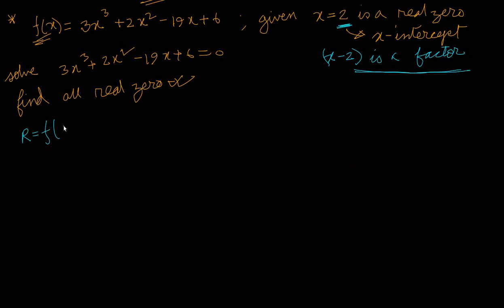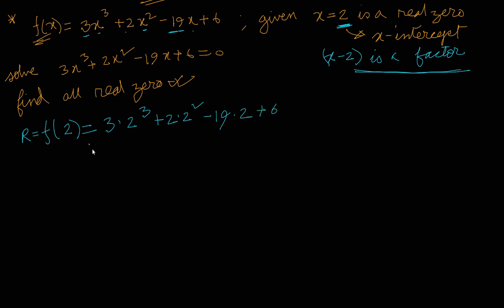So let's find f(2). So 3 times 2 cubed, plus 2 times 2 squared, minus 19 times 2, plus 6.